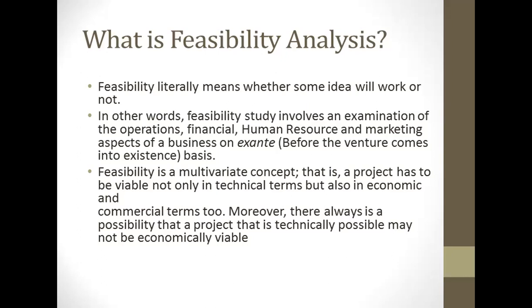That means a project which is viable in one sense may not be viable in another sense. It simply means that we have to look at different aspects in feasibility analysis. So that's why it is said that feasibility itself is a multivariate concept.